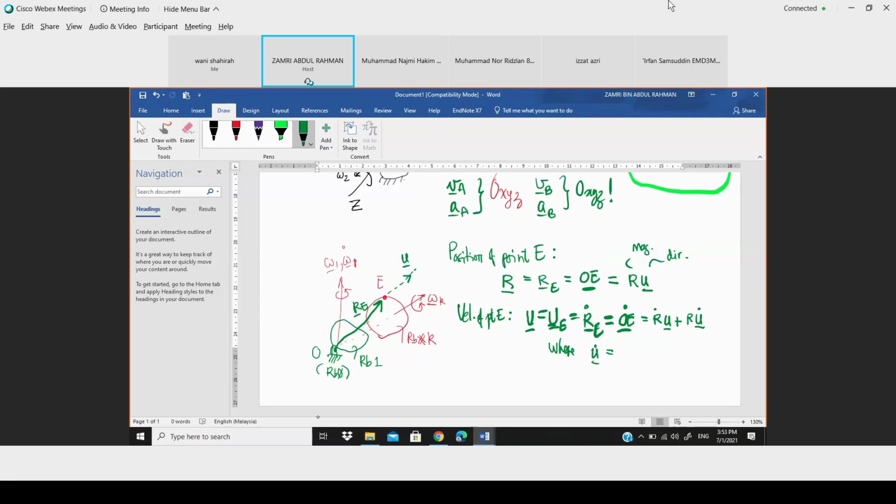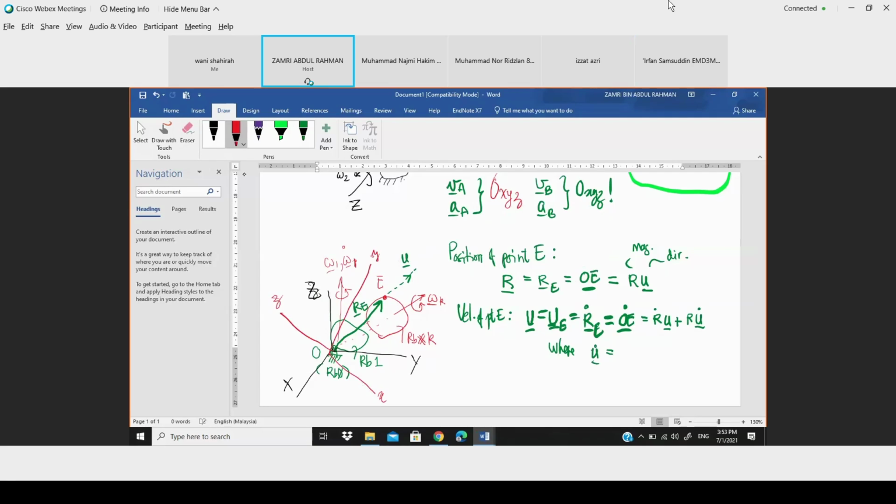Now, we are ready to show you two types of reference axes as we have seen earlier. Let's say capital X, Y, Z like this. And then we have a moving reference frame, a set of reference axes with small x, small y, small z.